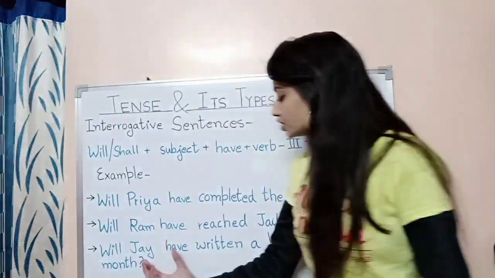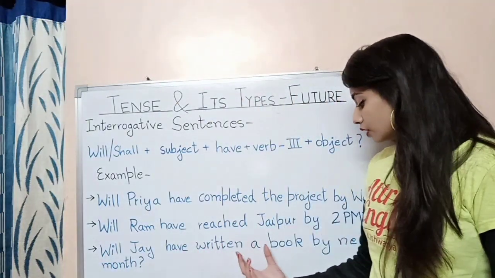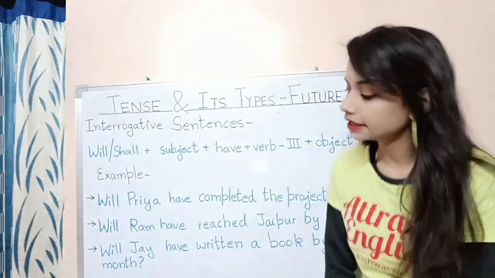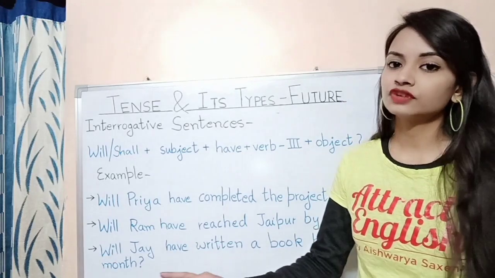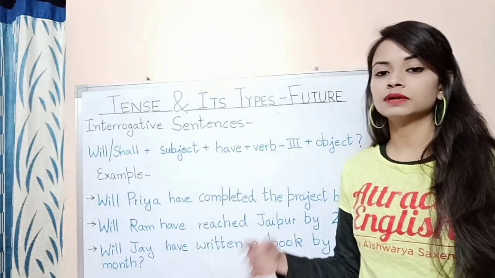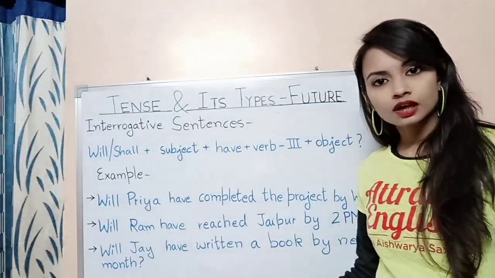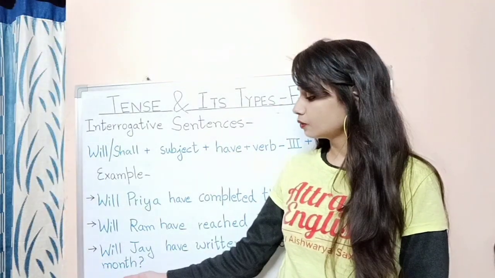Last, will Jay have written a book by next month? Earlier I was telling that Jay will have written a book by next month. But now I am asking that will Jay have written a book by next month, and a question mark.